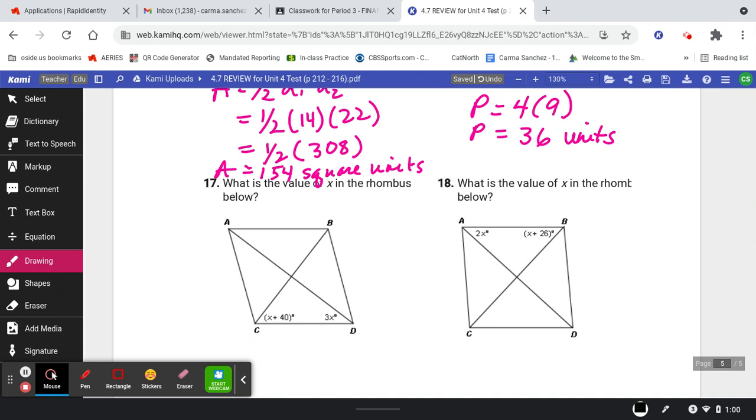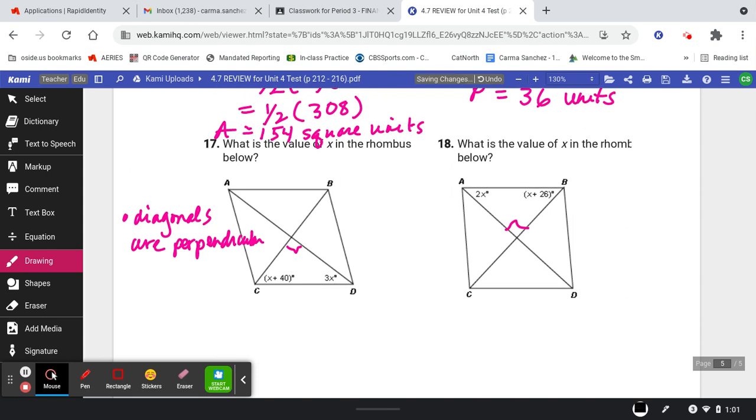What's the value of x in the rhombus below? Remember that the diagonals are perpendicular to each other. So that makes this inner one 90. So when we're doing a rhombus and we know that that middle one is a 90, we can now set up this equation.